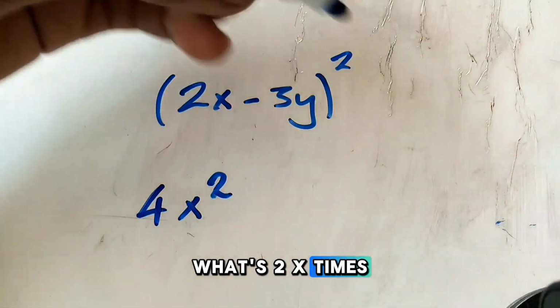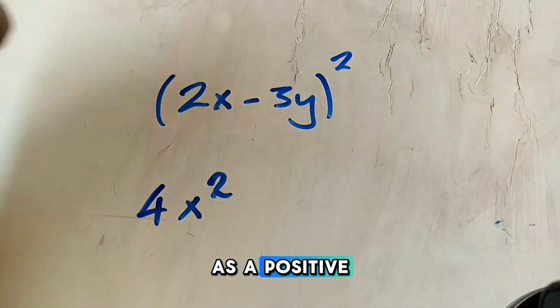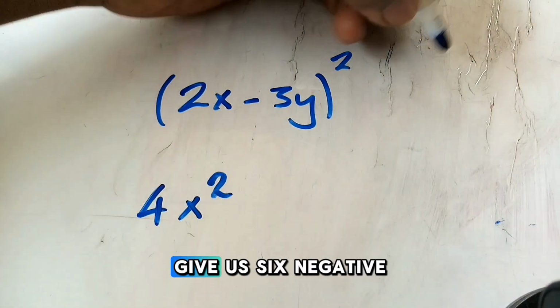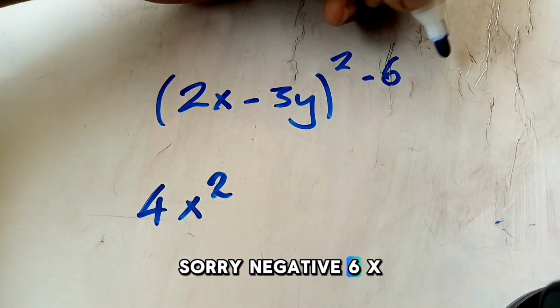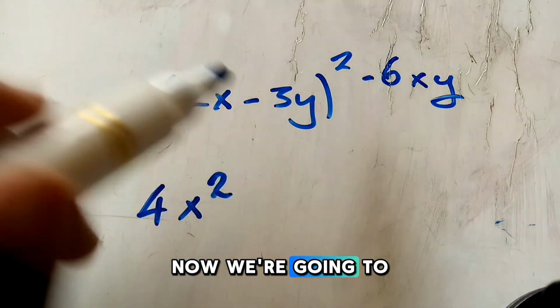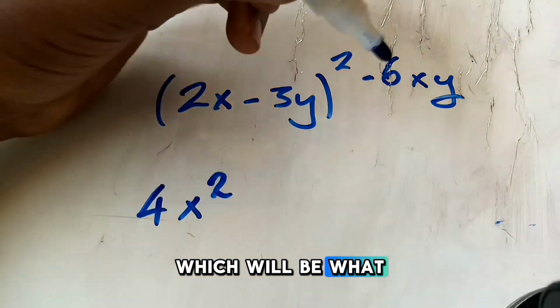What's 2x times negative 3y? Don't just take it as a positive. So 2x times negative 3y will give us negative 6xy. Okay, now we're going to say negative 6xy times 2, which will be what?